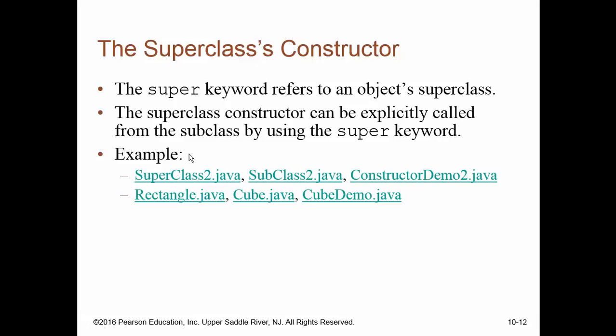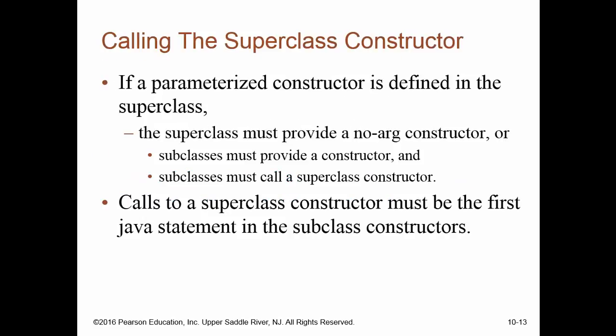What you end up doing at the beginning of the child class is you'll say something like super, and that will automatically refer to something in the parent class or something up the class hierarchy. So the superclass constructor, as it says there, can be explicitly called from the subclass using the super keyword. We're going to look at examples of that, not right now, but we will look at examples of that when we go over the stuff that's in the book, okay?